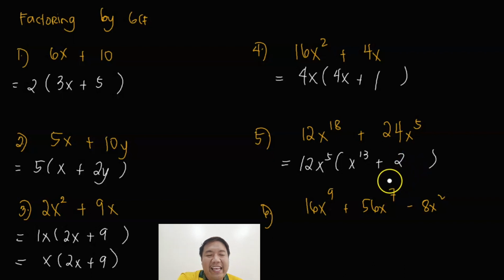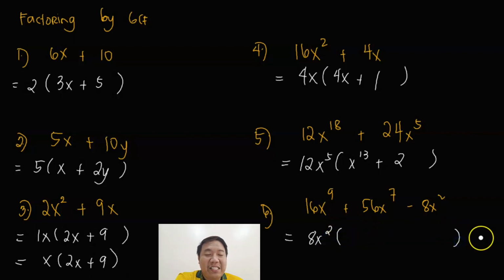Very good. And last but not the least, pakitry nga po ulit to. You can pause the video para po magawa po natin. At ito na nga ang sagot. So, we'll have 8x squared as your GCF. Pareho po tayo. Congratulations. And then, divide.